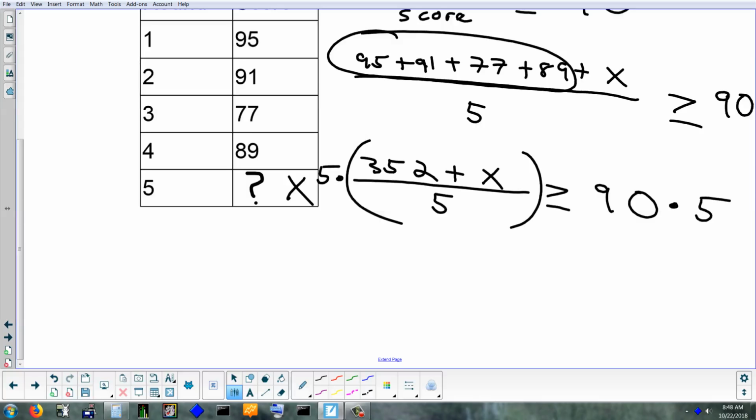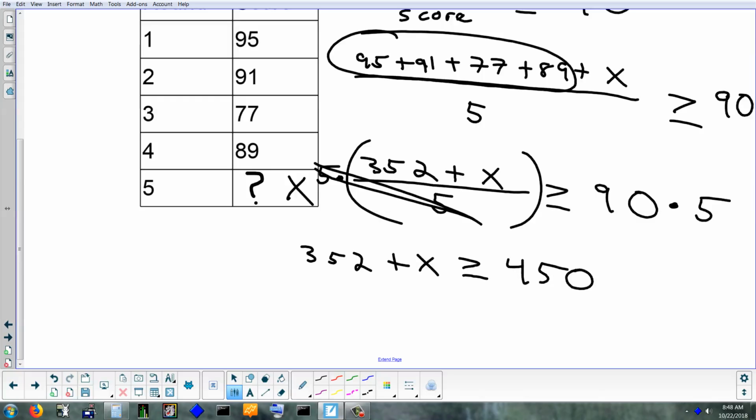What happens when you have a divide by 5 and a multiply by 5? They cancel out. So that's gone. So now I have 352 plus x is greater than or equal to, what's 90 times 5? How much? Yep, 450.